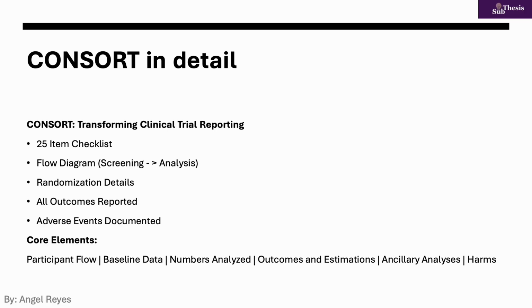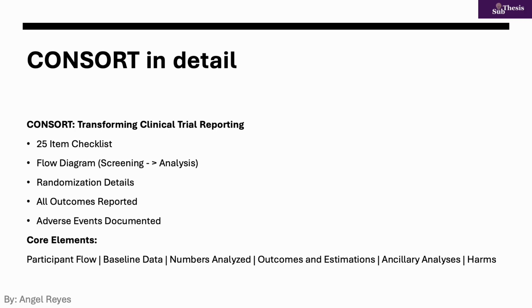Key requirements include describing randomization methods in detail, specifying primary and secondary outcomes up front, reporting results for all pre-specified outcomes, even null findings. CONSORT also mandates reporting harms and adverse events. This wasn't standard before. Positive results got published while negative effects stayed hidden.